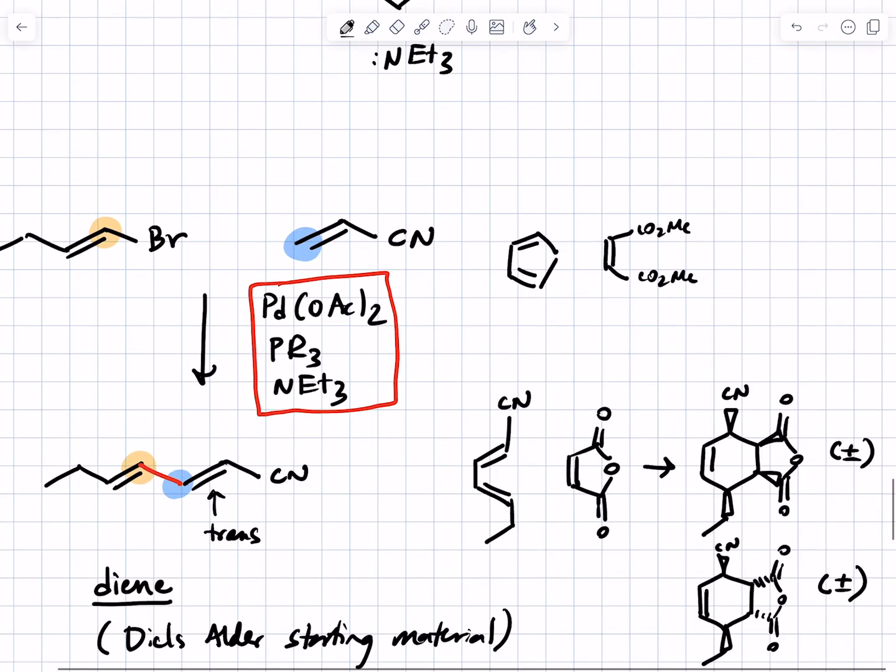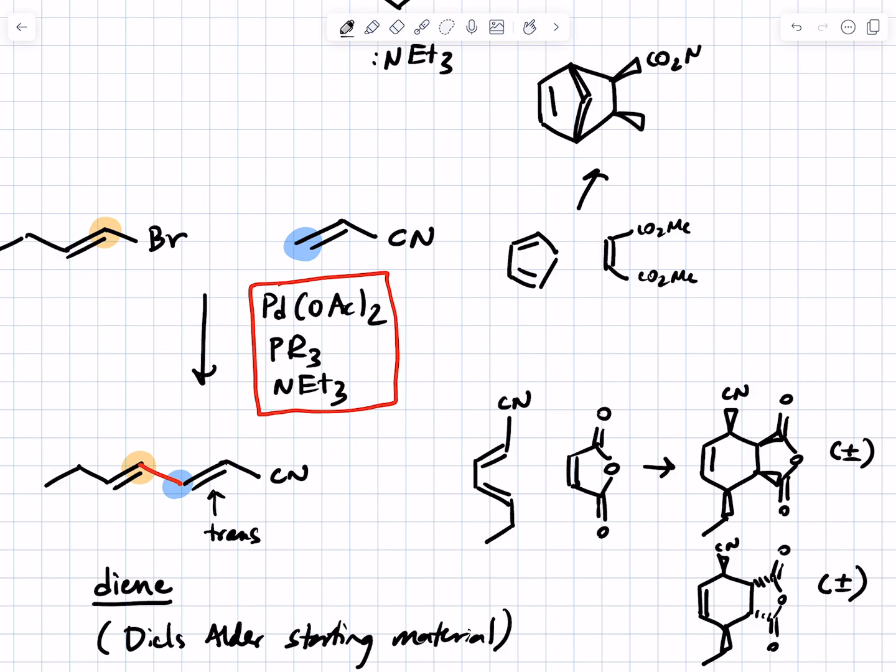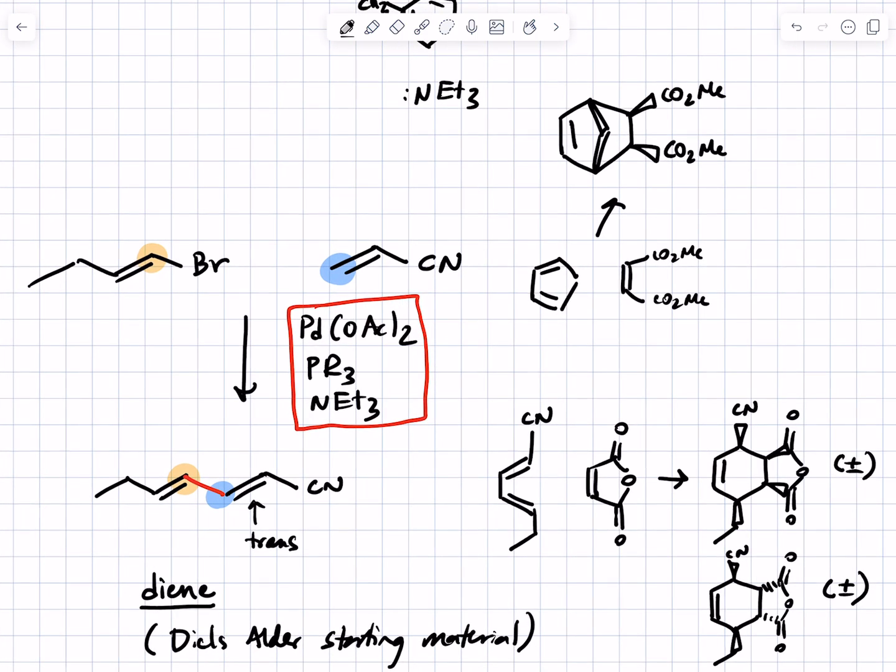And the product of a Diels-Alder reaction is always a cyclohexene ring. You would get two potential products, one in which the substituents on the dienophile were on the same side as this bridge on the diene.